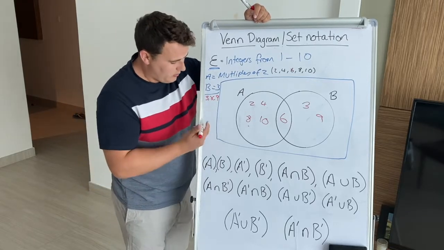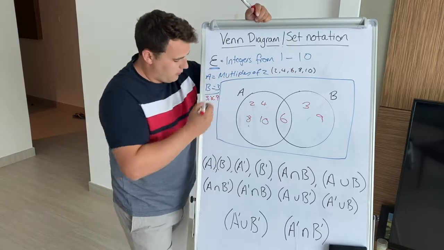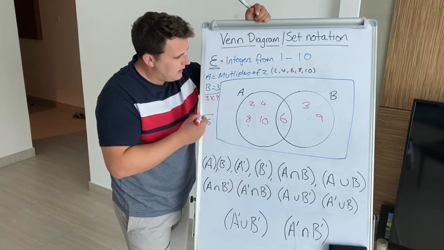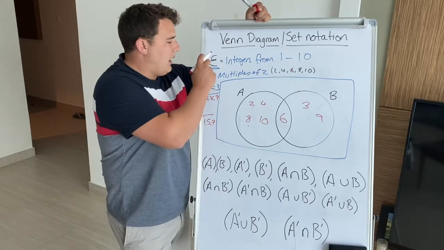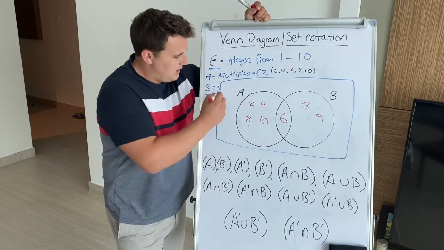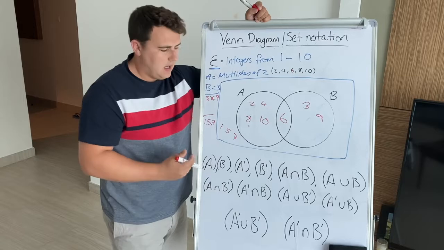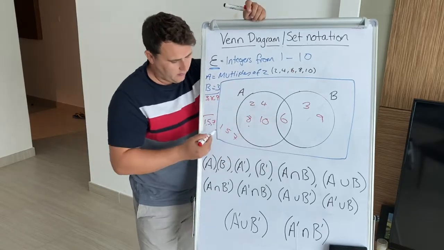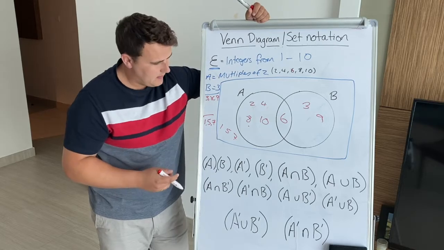The number 1 hasn't been used yet, 5 hasn't been used, 7 hasn't been used. These 3 numbers are still part of everything we're looking at though. We're looking at all the integers from 1 to 10. So 1, 5 and 7 would go on the outside. Still part of our Venn diagram, but just not part of set A or part of set B.